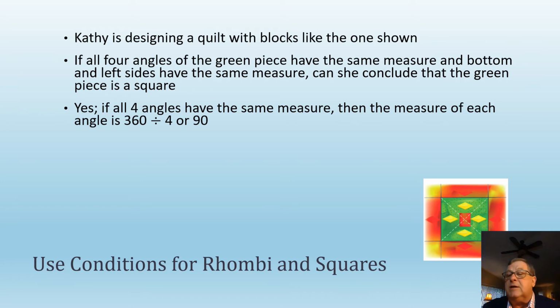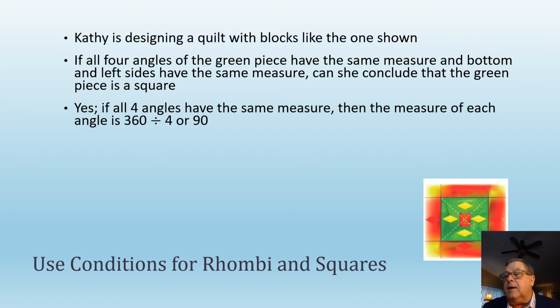There's 360 degrees total in the interior angles of a quadrilateral, and we've got four angles, so they each have to equal 90 degrees. That's one condition that's met.